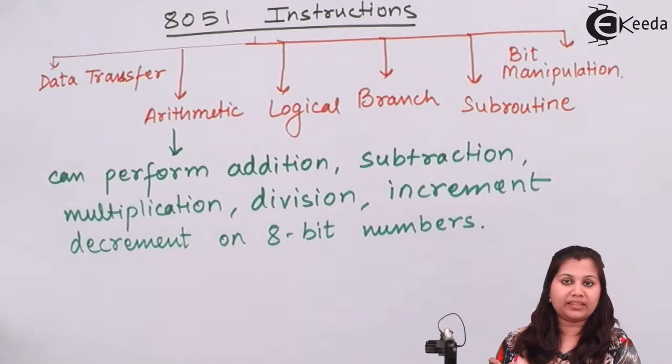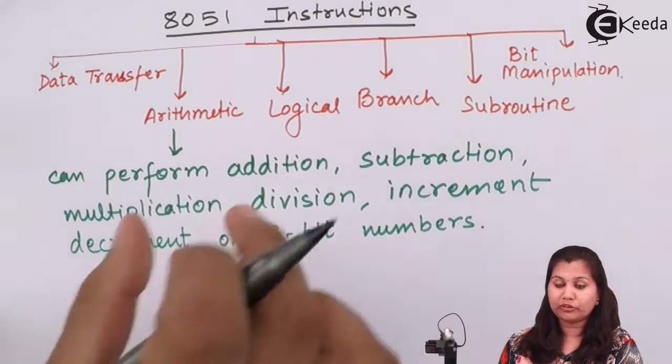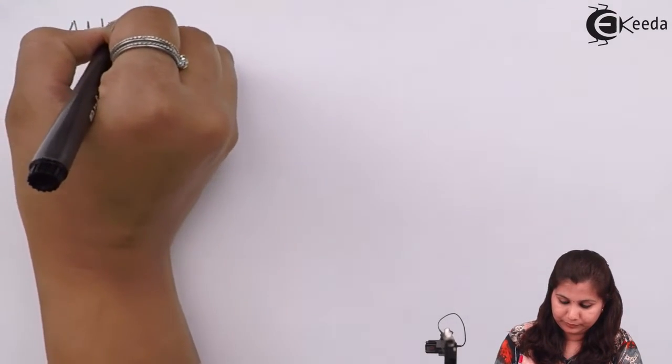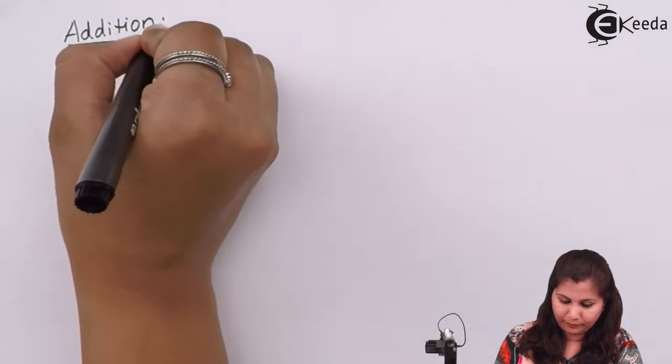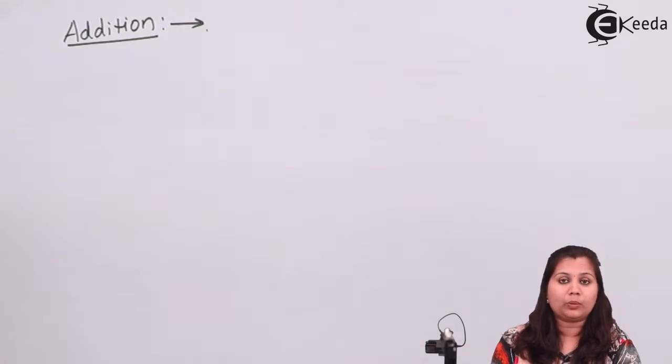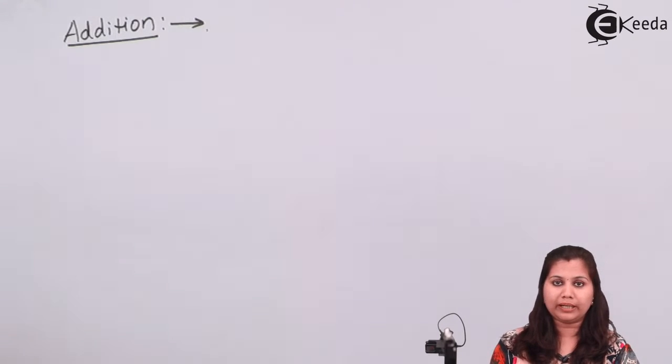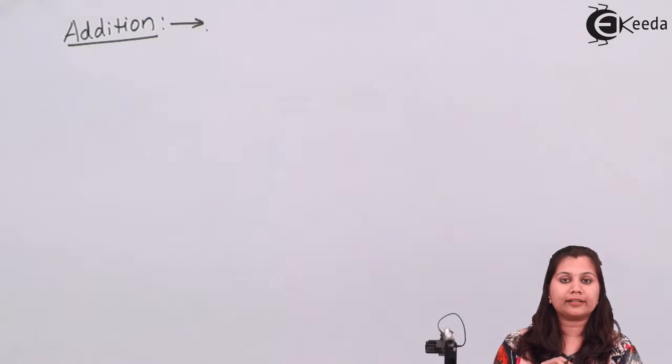First, we will start with the instructions which can perform the addition operation. For addition we require two numbers. So we will have two 8-bit numbers, and the result of that addition will be stored in one of the registers.